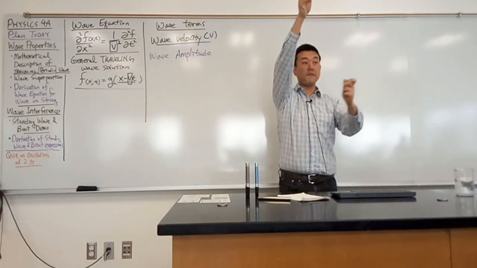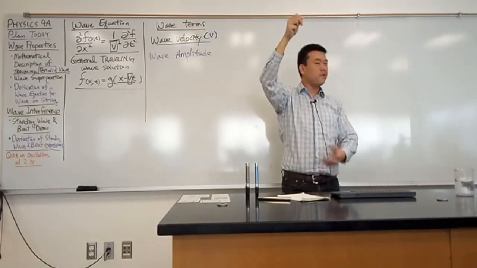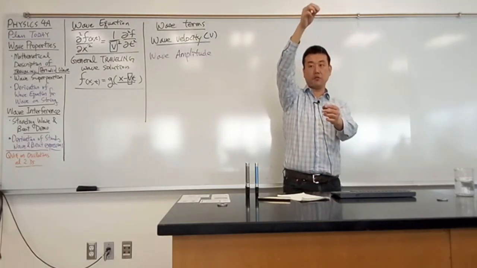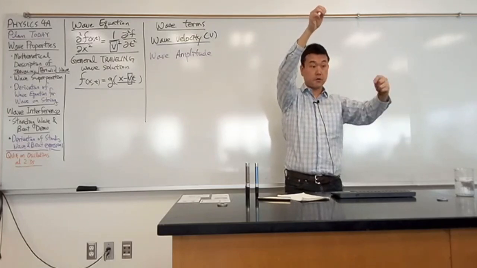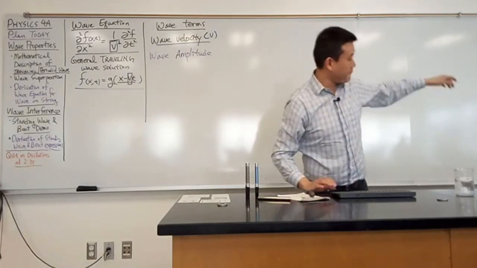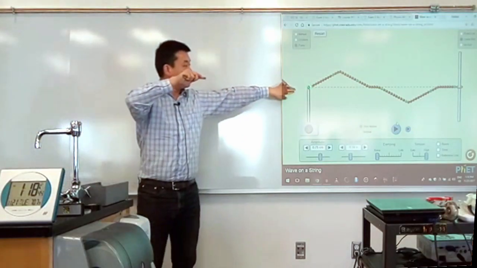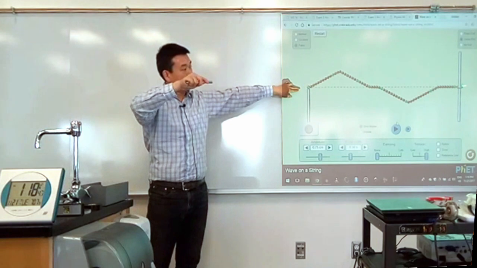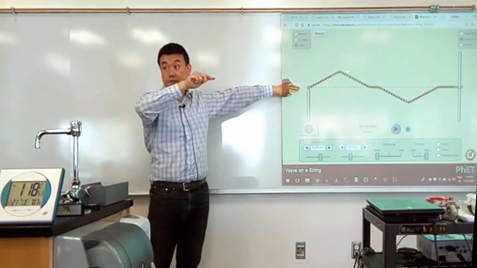That's why I have this pendulum. So amplitude describes how large the oscillation is. Or, in general terms, you can say amplitude refers to the size of the displacement. So here, this would be the amplitude. The dotted line is the equilibrium position, and how far away this point is, that's the amplitude.